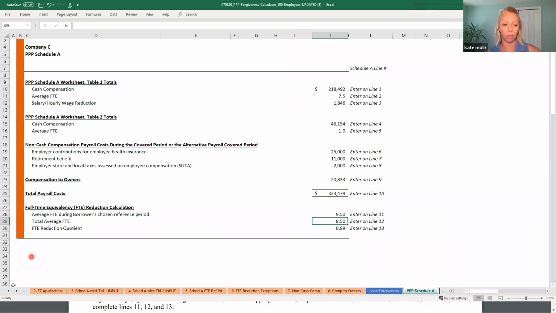And as we dig down one more layer deep, we'll see how we come up to this 7.5 that's in table 1. But for now, we take the 8.5 divided by the 9.5. That gets us this reduction quotient of the 0.89, and that was what we used on the first page to reduce our potential forgiveness amount for those reductions in FTEs.